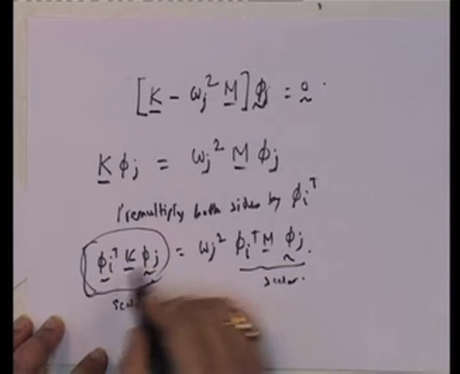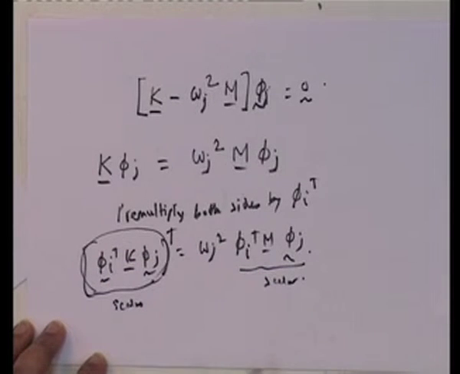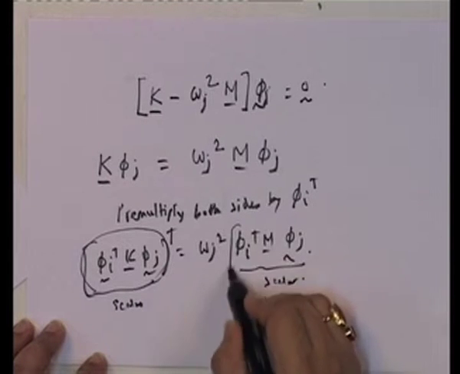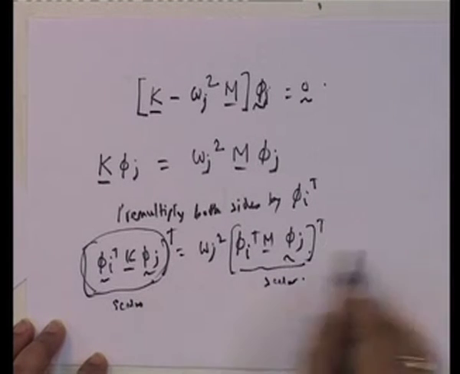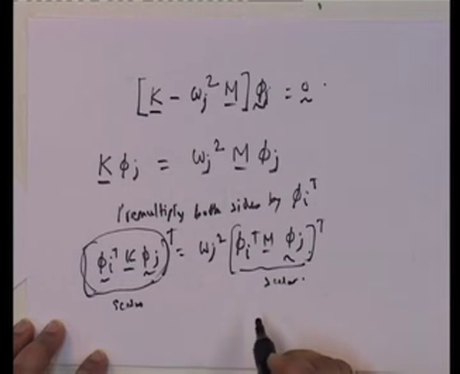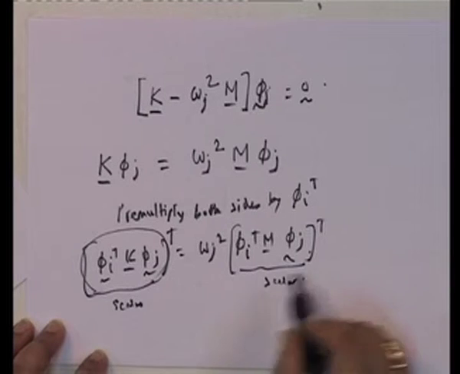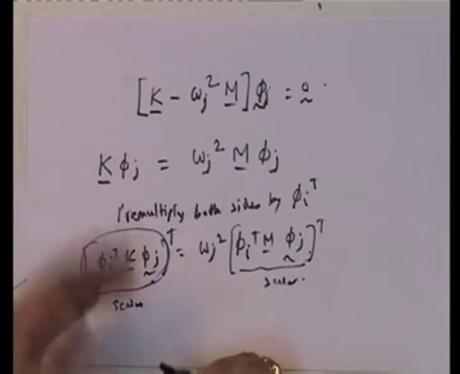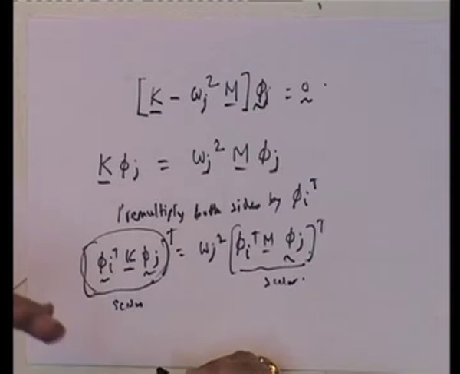Since these are scalars, the transpose will be themselves. A scalar's transpose is itself; the transpose of 1 is 1, right?